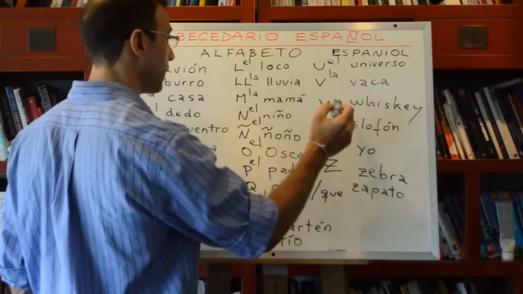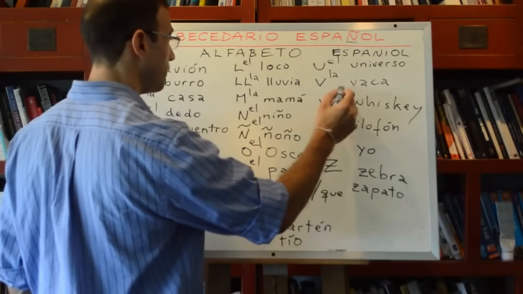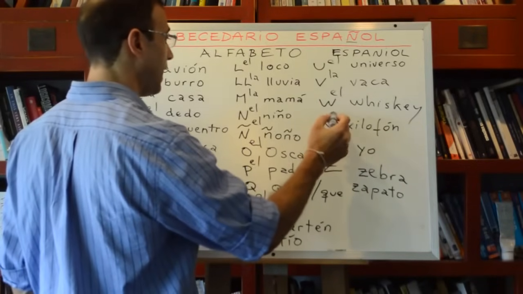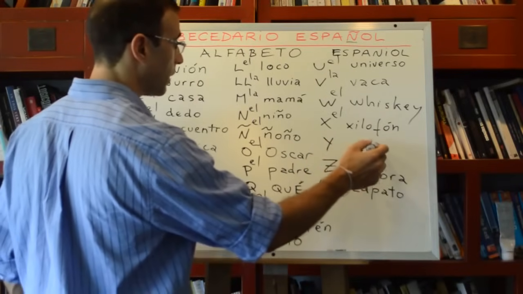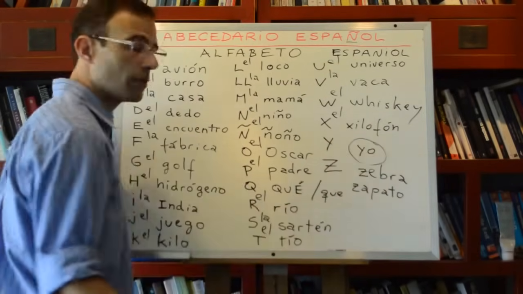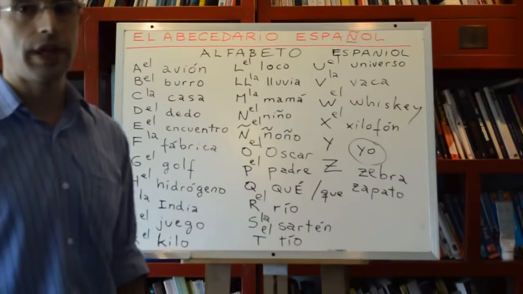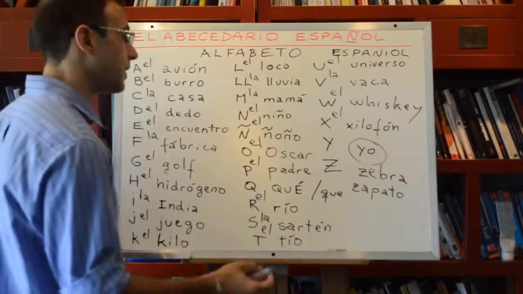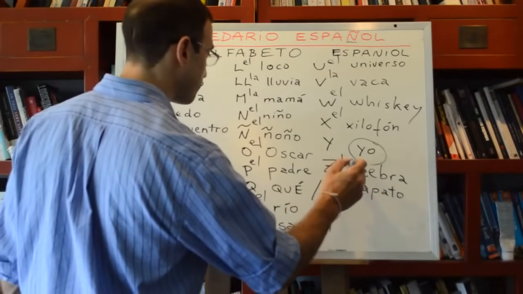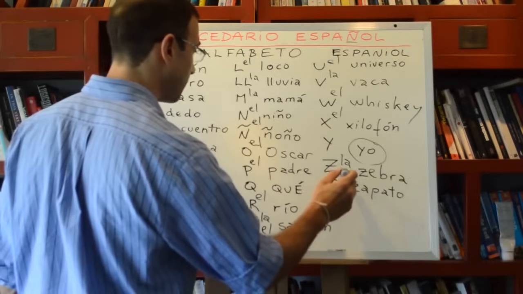La vaca. El whisky. El xilofón. Yo is a pronoun, so that has no article. You don't say "the I" when talking about I, me. La cebra and el zapato.